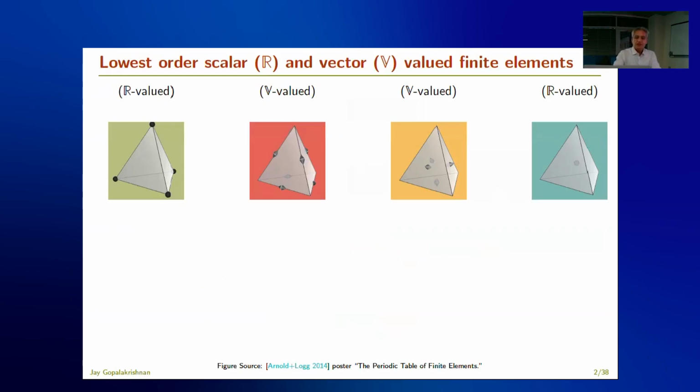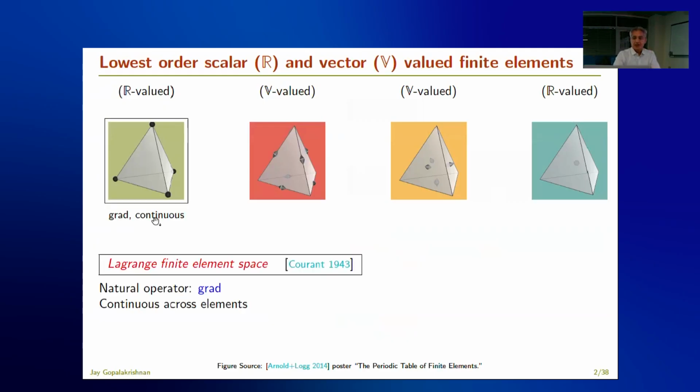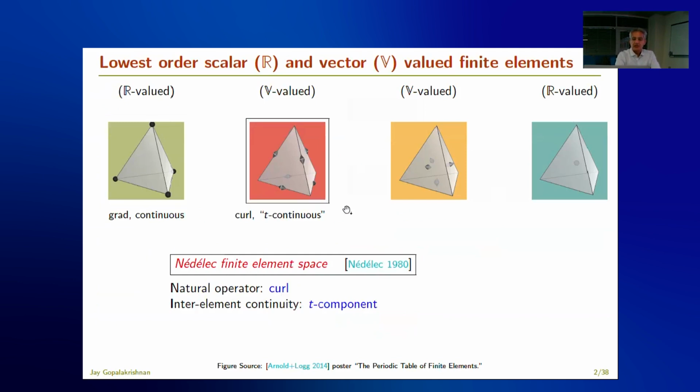You see the lowest order Lagrange finite element right here, which goes back to the 40s, followed by the Nedelec finite element, which came many years later, 1980, which produced vector fields that have their tangential components continuous.